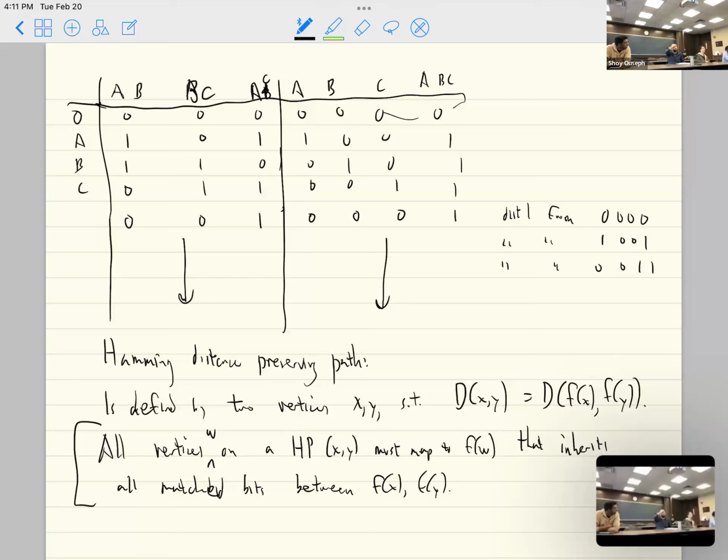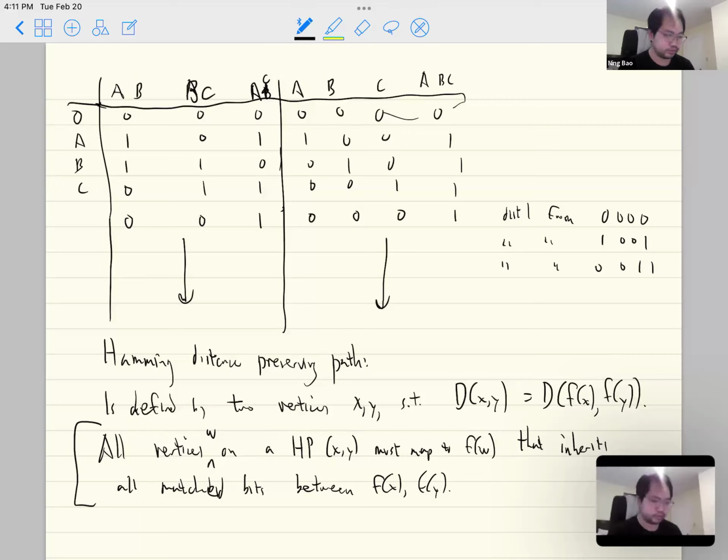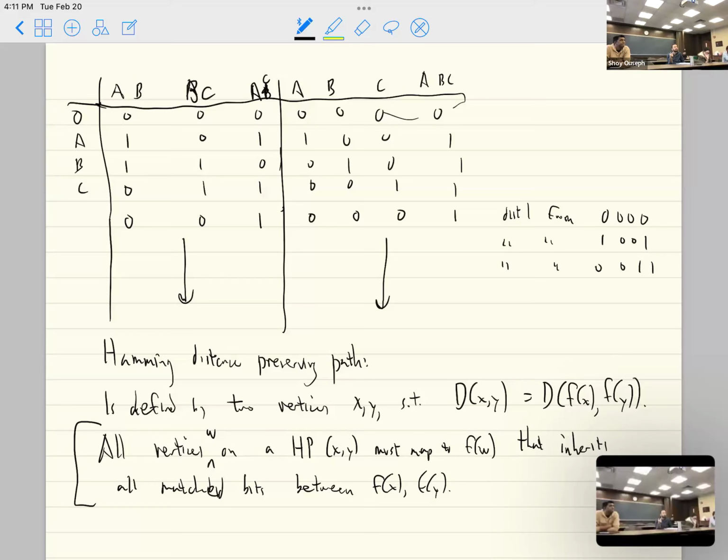Can I ask you a question, Ning? Each of these binary codes represents a region in the bulk, right? So the Hamming distance between two codes, is it the minimum number of RT surfaces that any path connecting the two will necessarily have to cut?